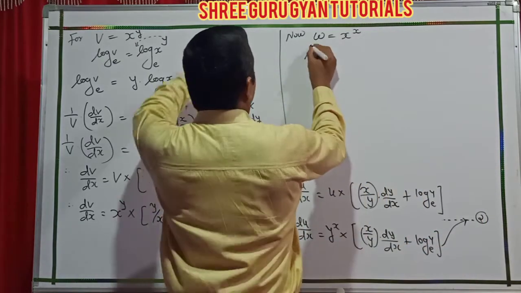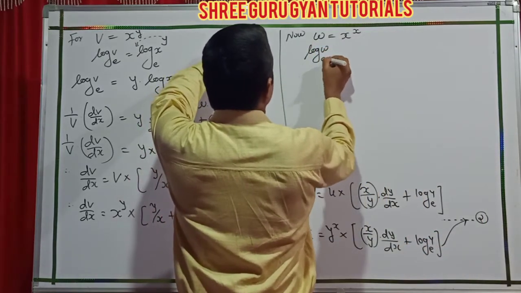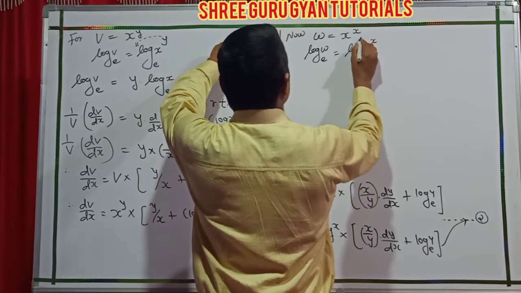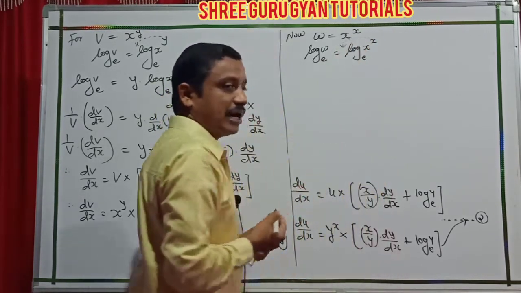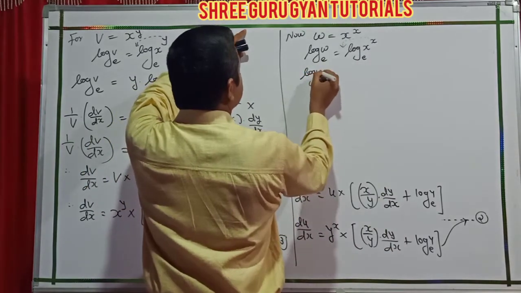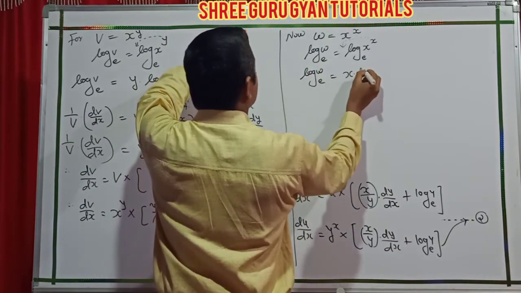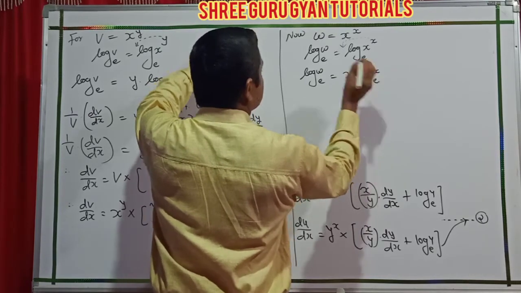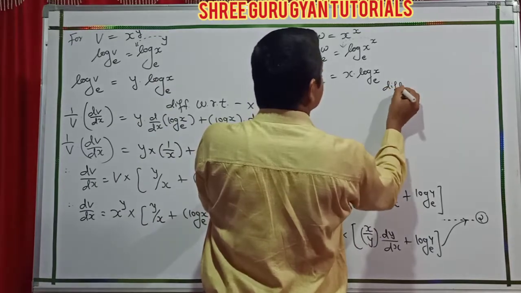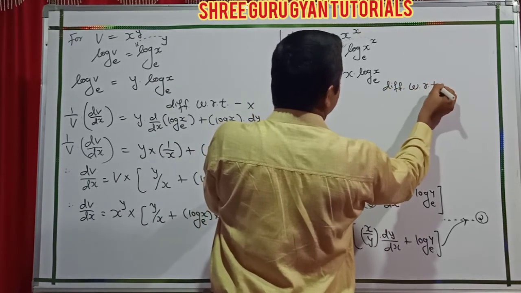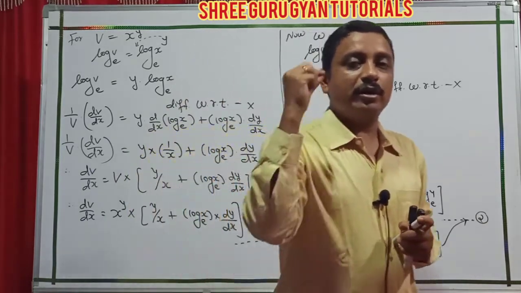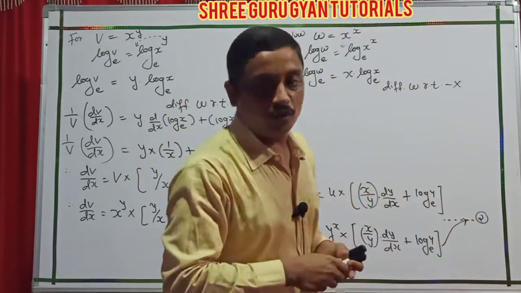So here apply log w base e. Here log of x raised to x to the base e, and this x raised to x I just carry forward outside. It means log w base e equals x into log x base e. Start the same principle, differentiation with respect to x, and I just derive the dw by dx value.